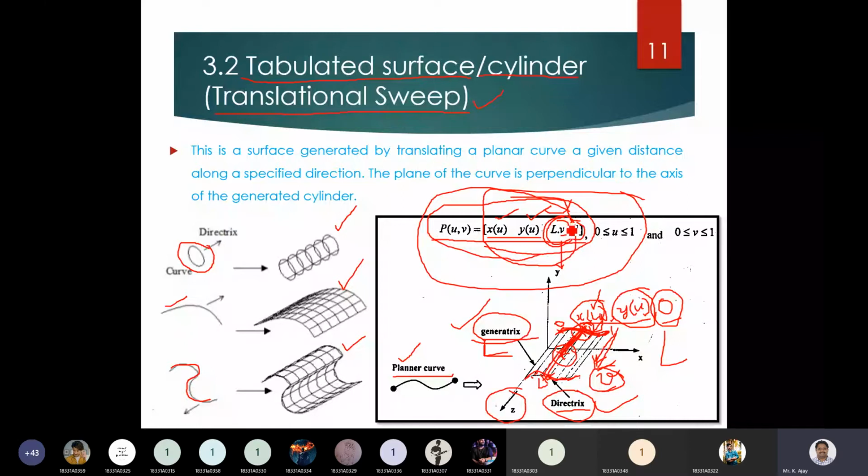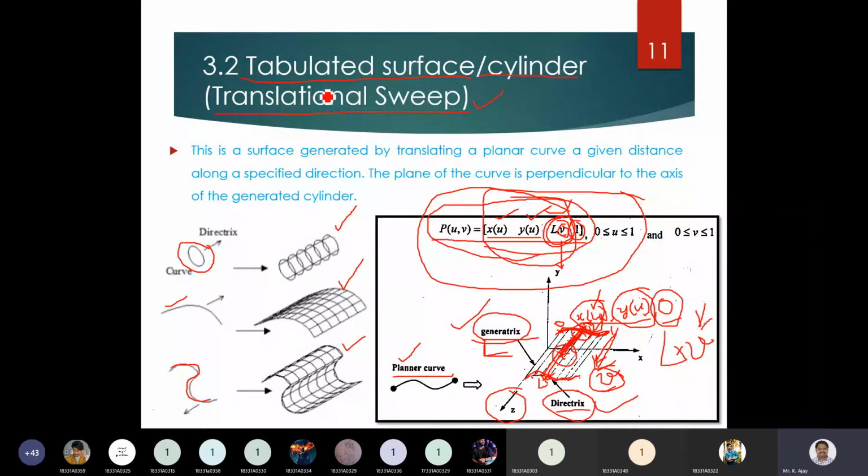So by multiplying L with V, and by varying V from 0 to 1, I can get the fraction of all the lengths. So that is how I can get any kind of point on the surface. Okay.